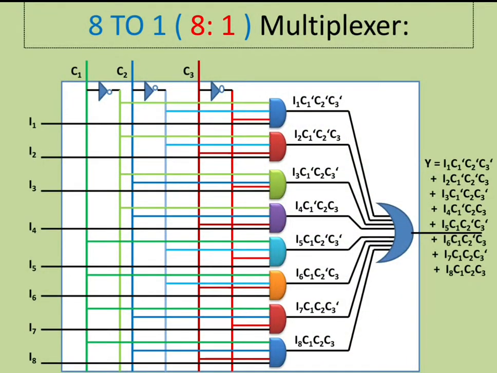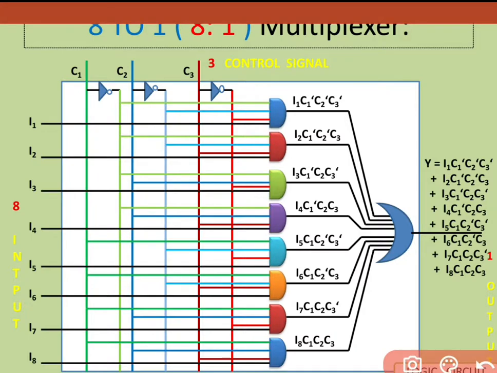See, the logic diagram is in front of us. Now we have a logic circuit with 8 inputs, 3 control signals and 1 output. But I told you, when the control signal value is 000, then the first input is selected. 0 means dash, I told you previously also.